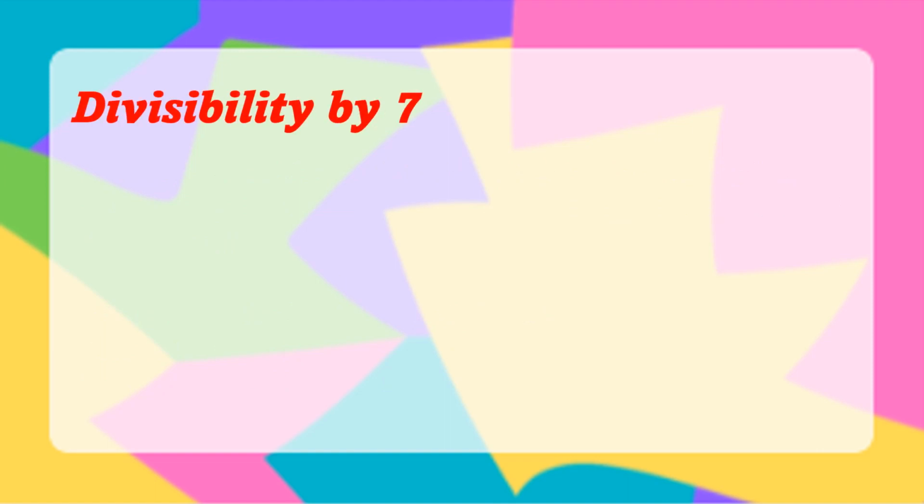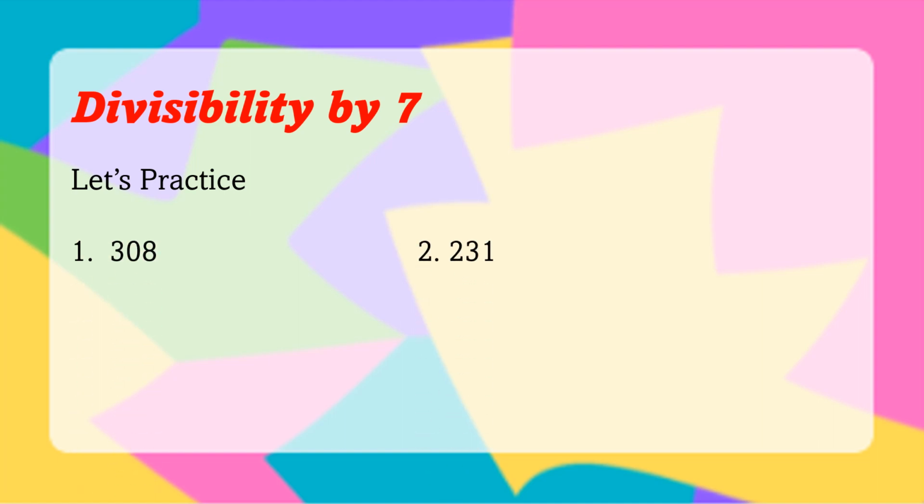Let's practice divisible by 7. Number 1, the given is 308. The last digit in the given is 8.